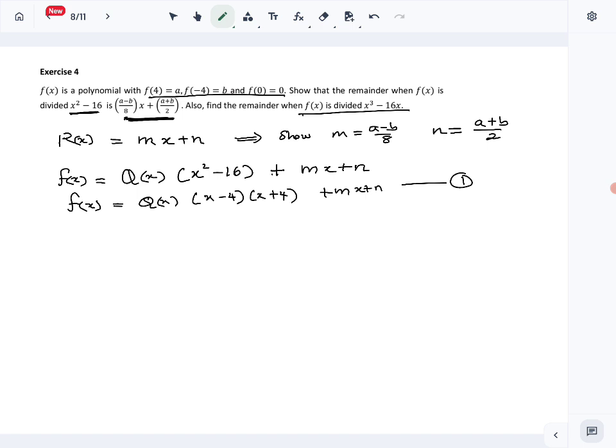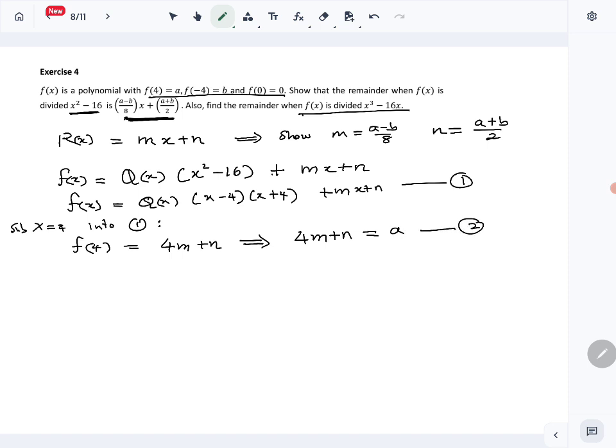So f of 4 is a. So substitute x equals 4 into 1. So you get f of 4 is equal to q of 4, but because of this 4 minus 4, this term is 0, no? So the first term is 0. Then you are left with 4m plus n. So 4m plus n is equal to a. That is equation 2, because f of 4 is a, no?